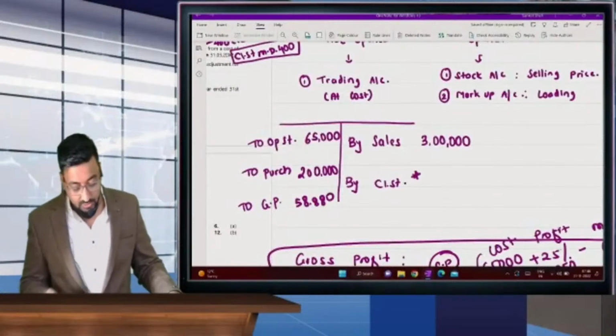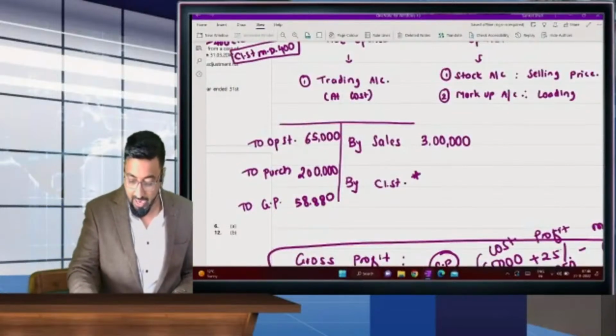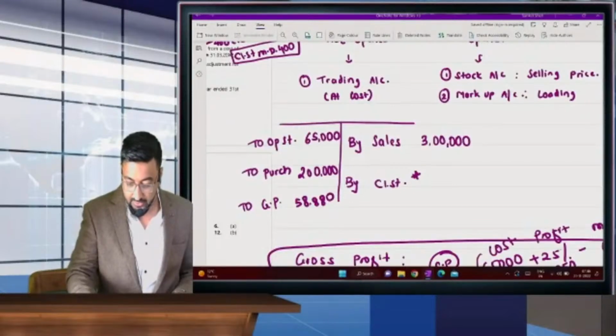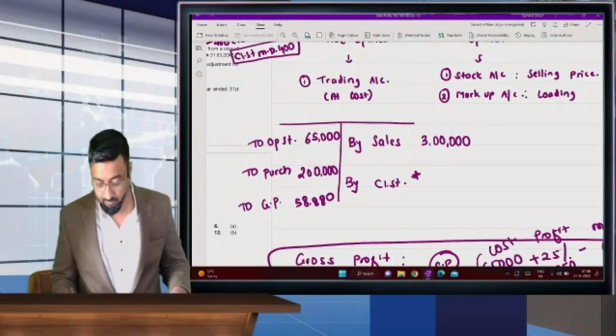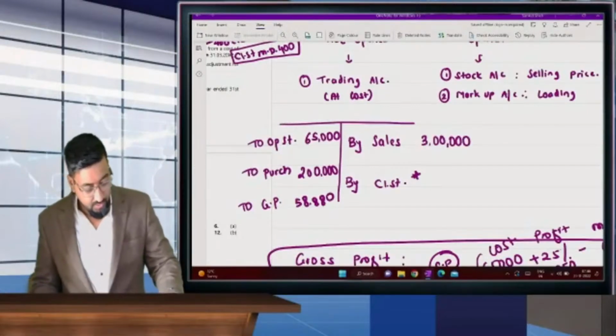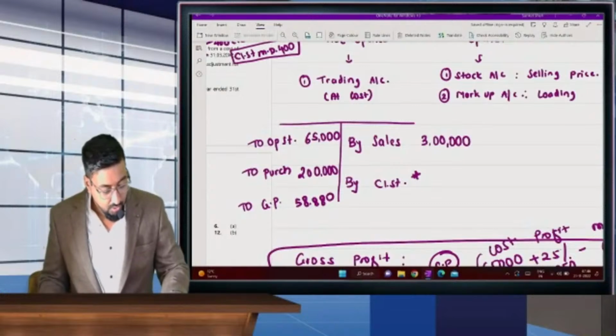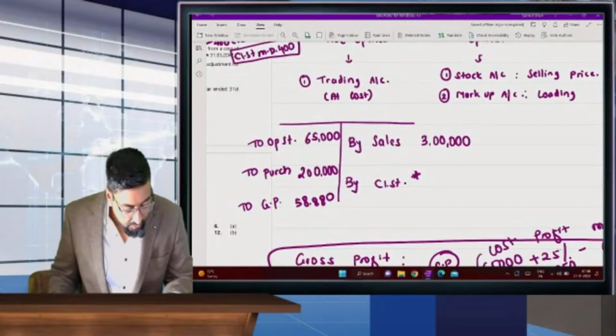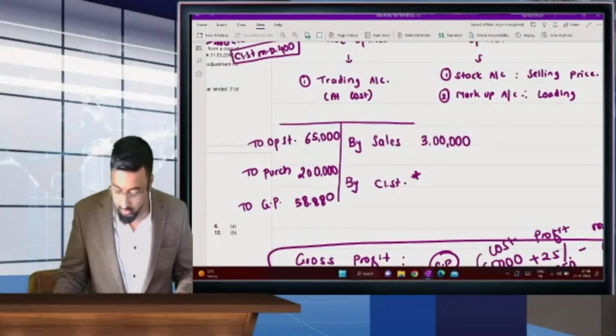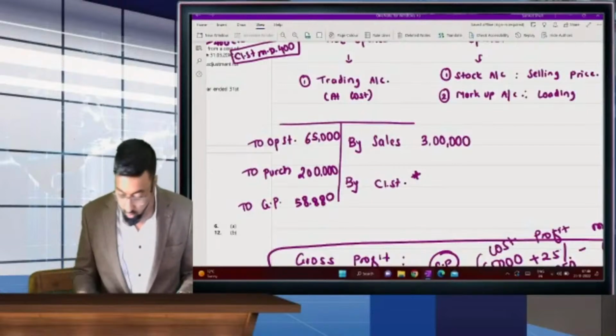So my closing stock will be 3 lakhs minus 65,000 minus 2 lakhs minus 58,880. So my closing stock will be, yes, now you only tell me what is my closing stock value. My closing stock value will be 20. Yes. Oh, okay.